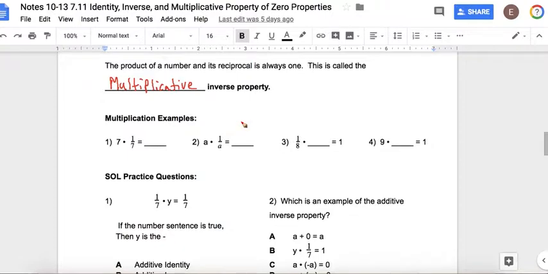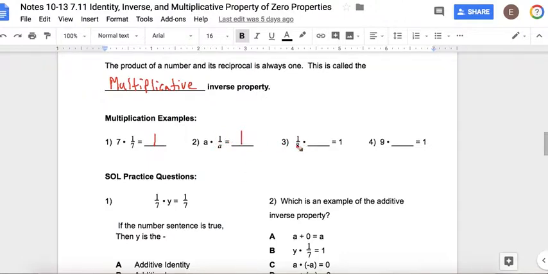So when you multiply a number by its flip, you will always get 1. For example, 7 times 1 over 7 equals 1, because these are flips of each other. A times 1 over a equals 1. Again, they're flips of each other.